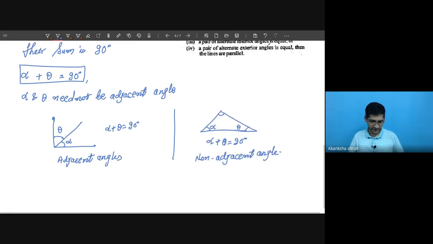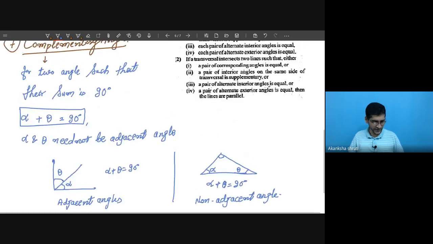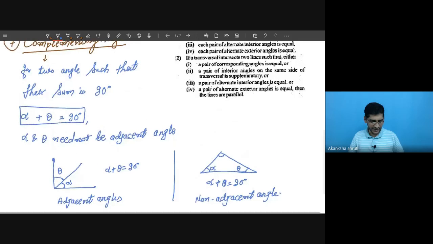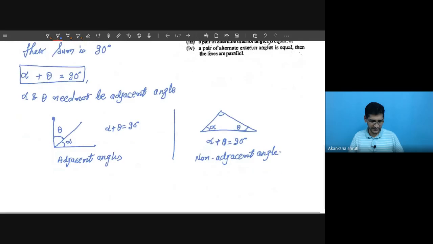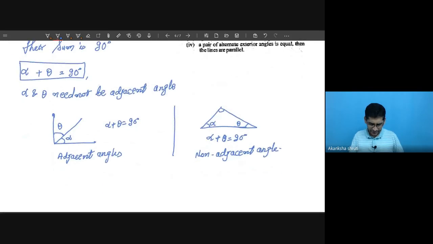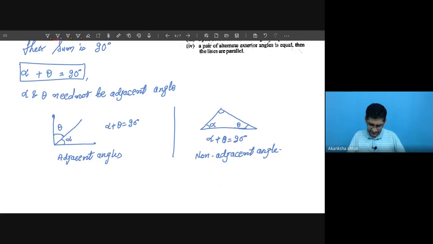So let us take one question based on this. Complementary angle simply means the sum of two angles is 90 degree. It may be possible that one angle alpha is here, another angle theta is formed here at the same vertex.